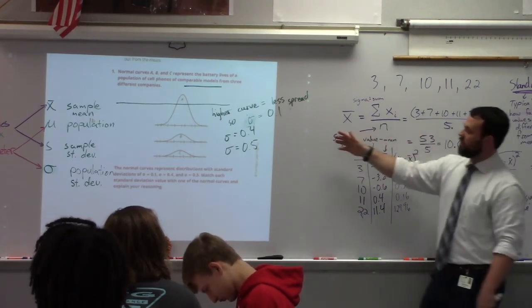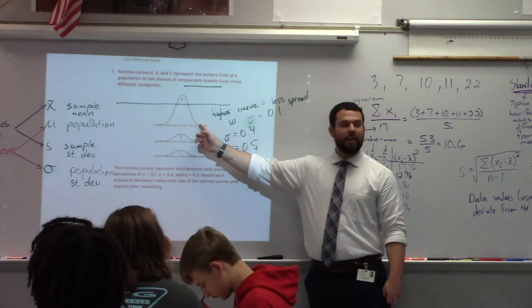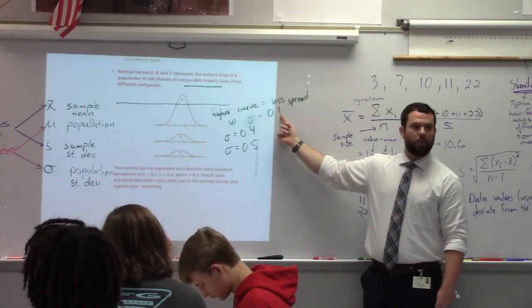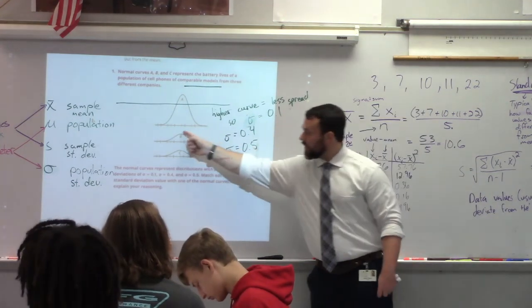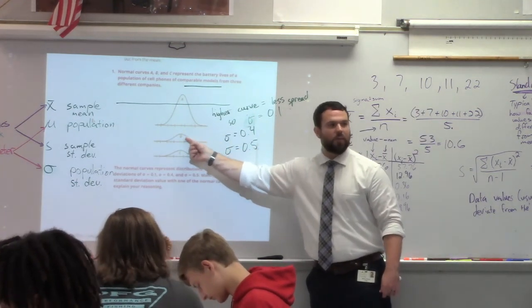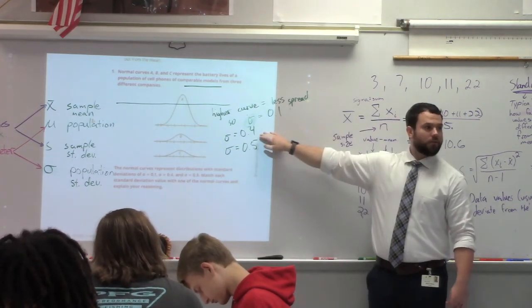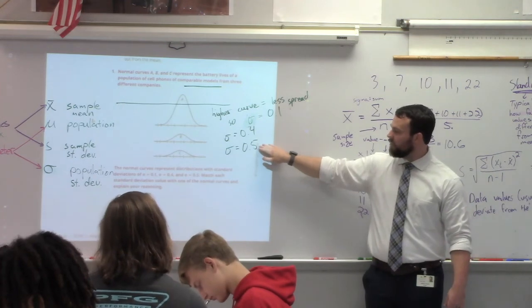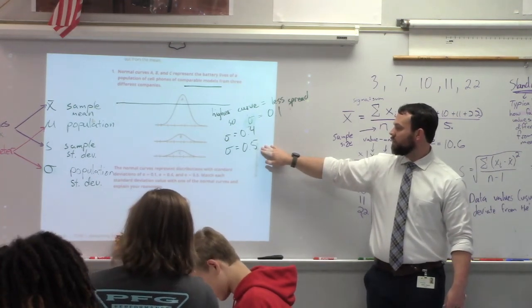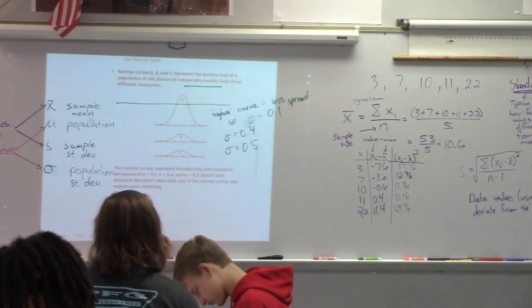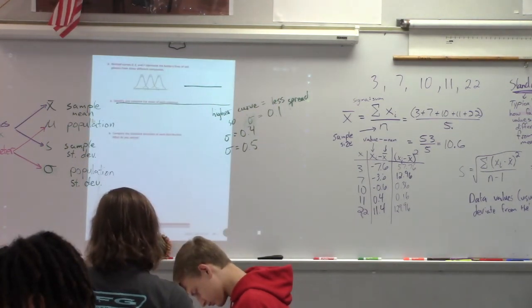So typically, values in this data set differ from the mean by how much? 0.1. Typically, values in this distribution differ from the mean by how much? Okay? Typically, values differ from the mean by 0.5. That's all we're saying, right? It's a typical amount by which the values differ from the mean.